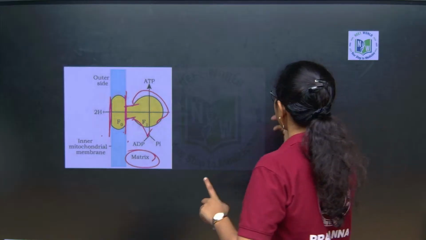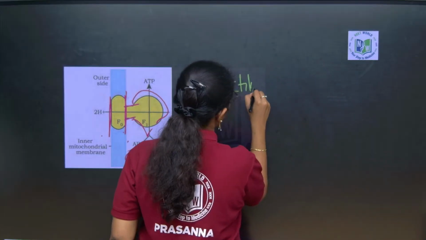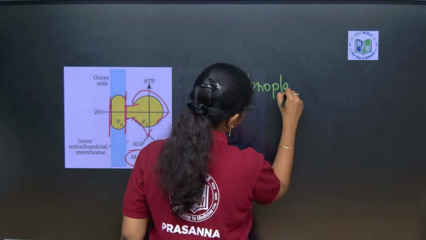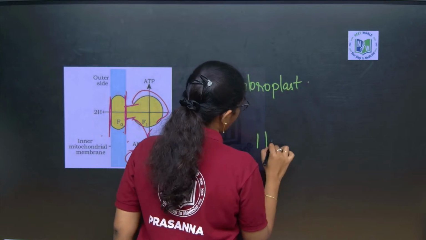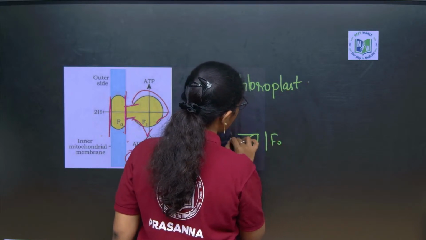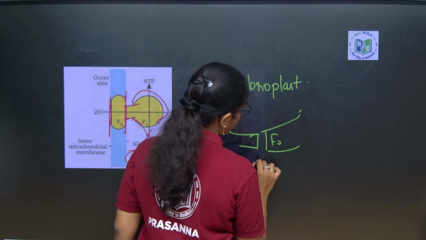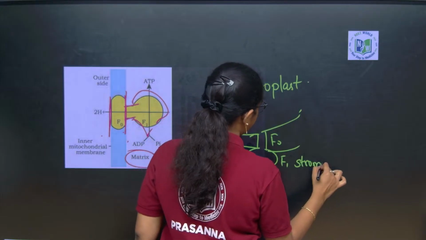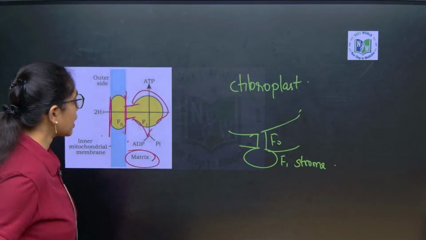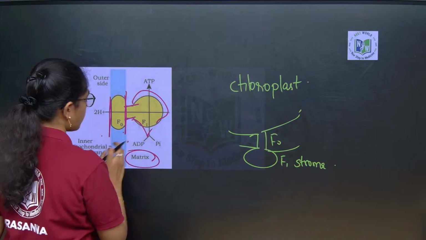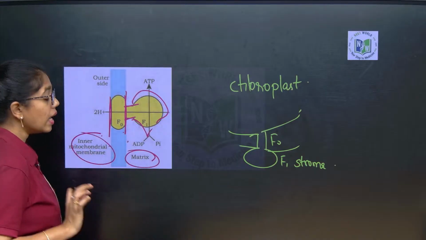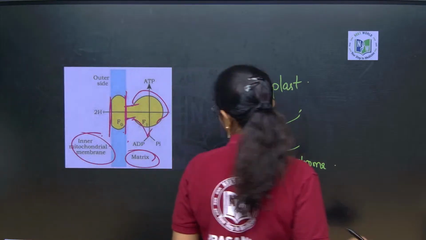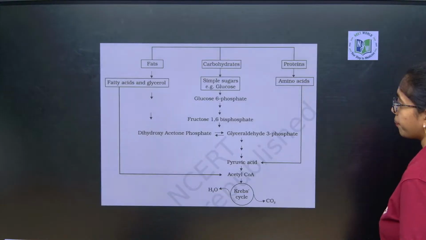But here in the mitochondria, F1 is towards the matrix and F0 is in the inner mitochondrial membrane. Keep that in your mind.